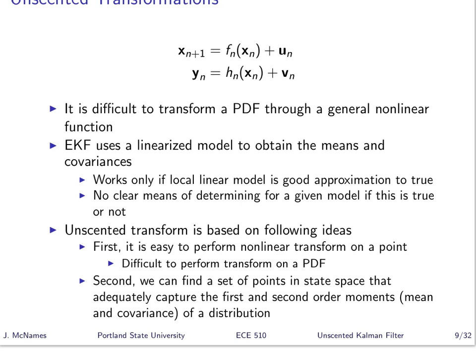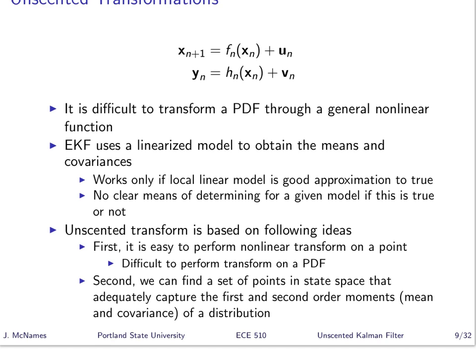The second thing is that we can, it turns out, fairly easily create a set of points that adequately captures the mean and the covariance. And this is different than particle filters because we're only thinking about the first and second moments of the distribution. We're not trying to model the entire PDF the way particle filters do. We're trying to be more efficient, and we only care about the mean and the covariance of the state error.